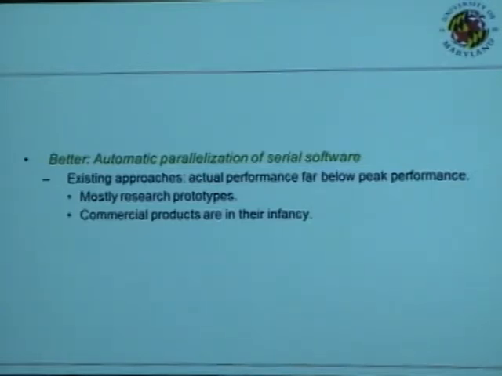Even the Intel compiler, which is otherwise a good compiler, has an automatic parallelization option. Unlike most other compilers, it actually has an option. It performs rather poorly, in fact. So much of this research has been in research prototypes, and many of them focus on one criterion.